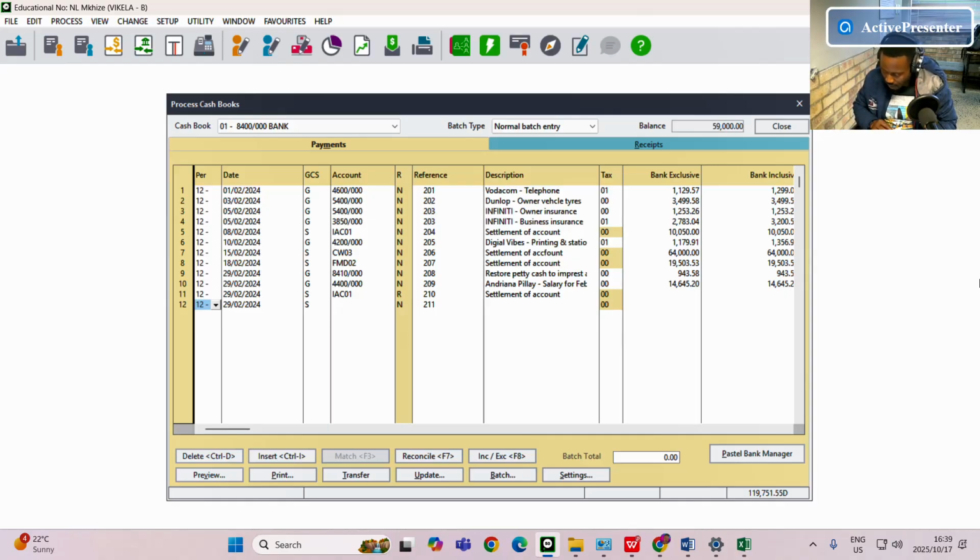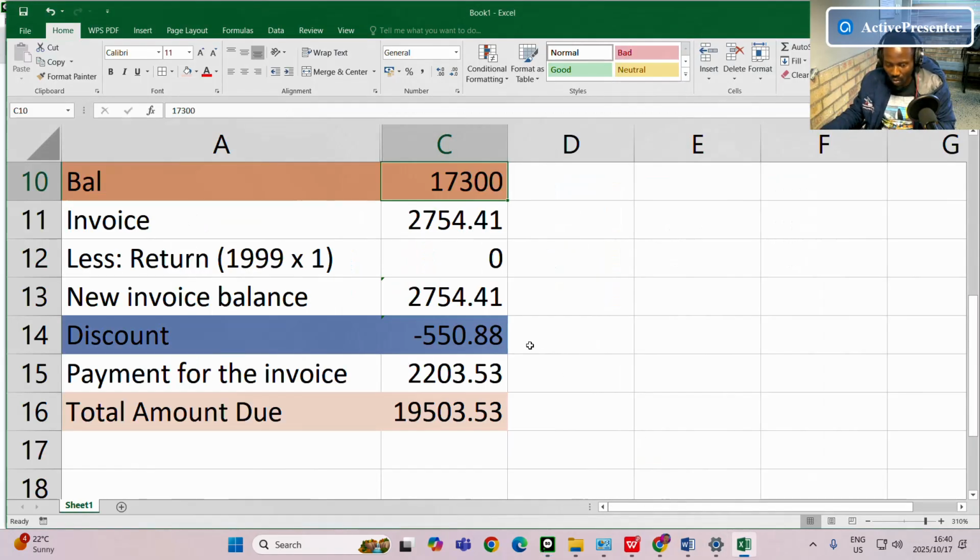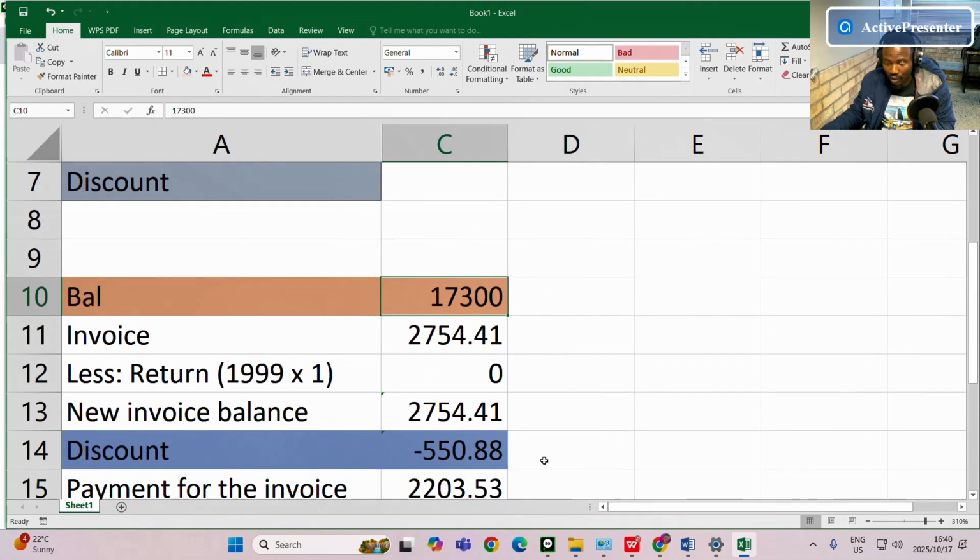So I need to do the invoice for this supplier and the debit note. Oh, I don't need to do the invoice actually. I just need to do the debit note. So it's settlement of accounts.